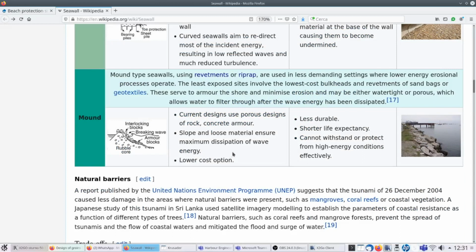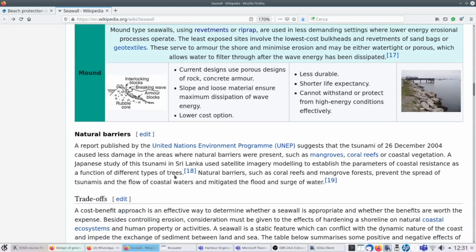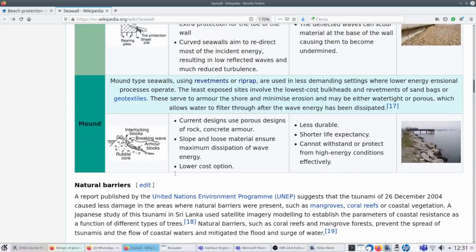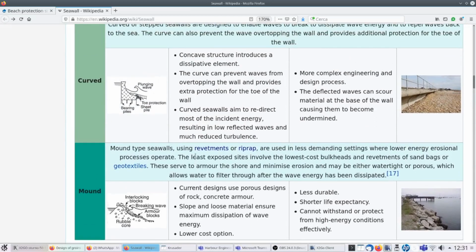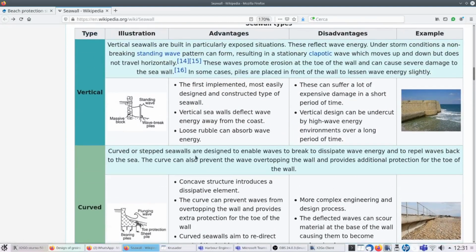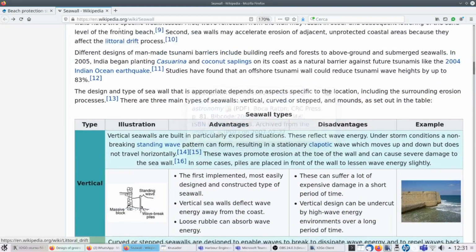But on the other hand, they are made of loose material, and therefore they may suffer from damage. But the appearance is more environmentally friendly. Okay, good. And also there is a description of natural barriers, but I think in this link what is interesting is precisely this table.